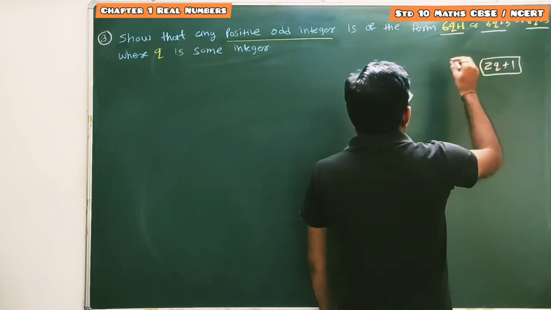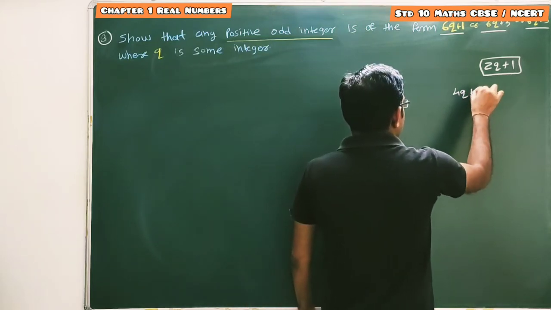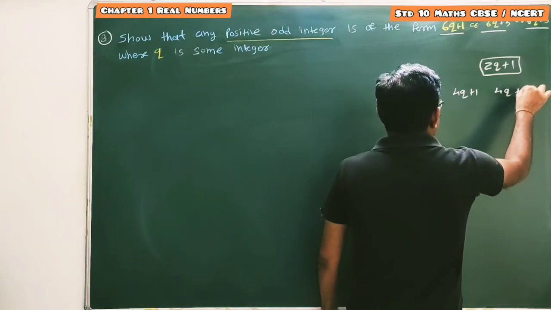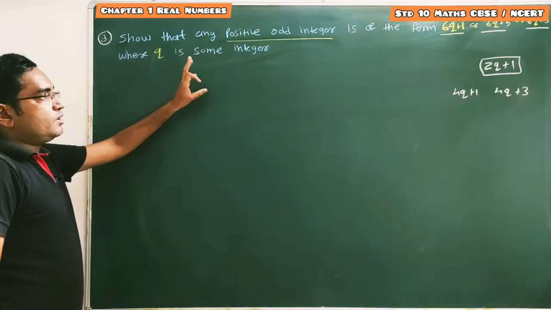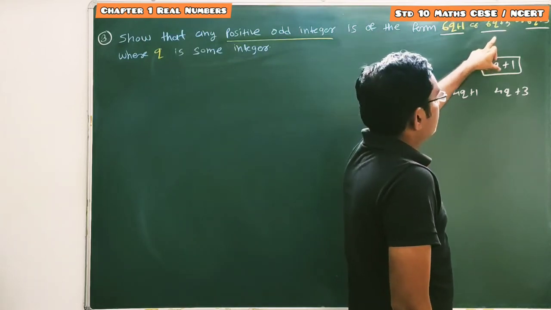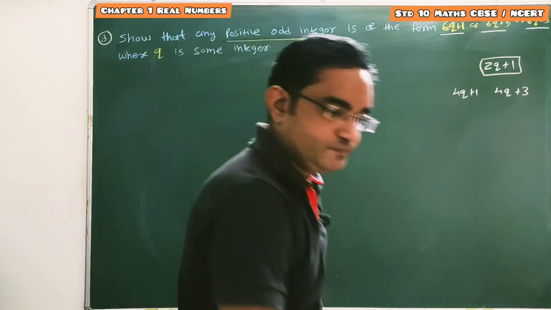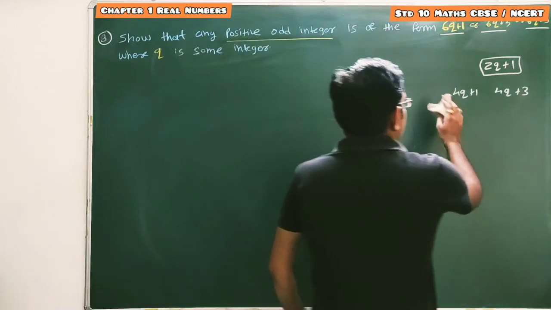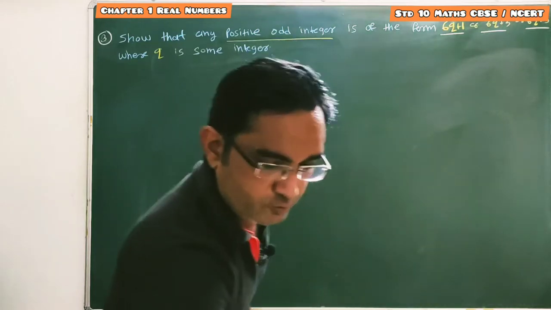Then we have proved that a positive odd integer is in the form of 4q plus 1 or 4q plus 3. Now we have to prove that any positive odd integer is in the form of 6q plus 1, 6q plus 3 or 6q plus 5. Done? So all the questions use the same method. So now we'll try to prove this one.